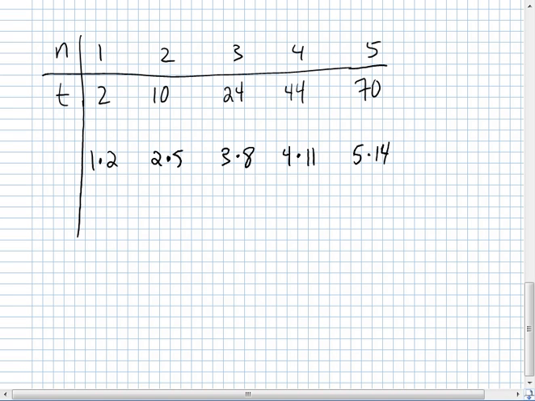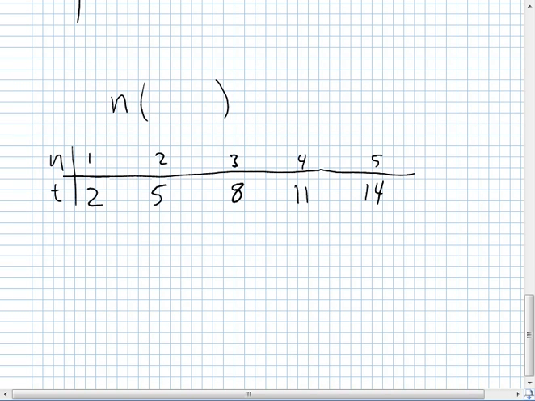They go up all by 3. 2 plus 3 is 5, plus 3 is 8, plus 3 is 11, plus 3 is 14. So I can figure out I'm doing n times something. I can figure out an equation for that separate sequence. So it's kind of like two problems built into one.